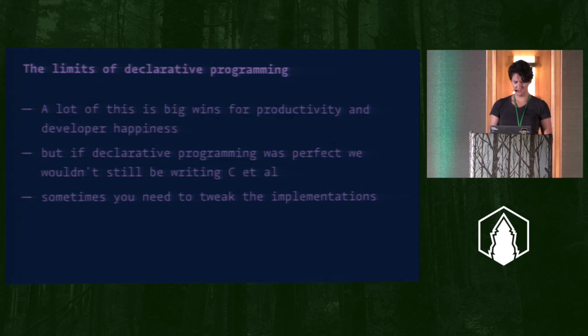There are limits to declarative programming. If declarative programming were a perfect solution, we wouldn't still be writing in non-declarative languages like most of us do. Sometimes you need to tweak those implementations. Sometimes you do know better. An example would be SQL.